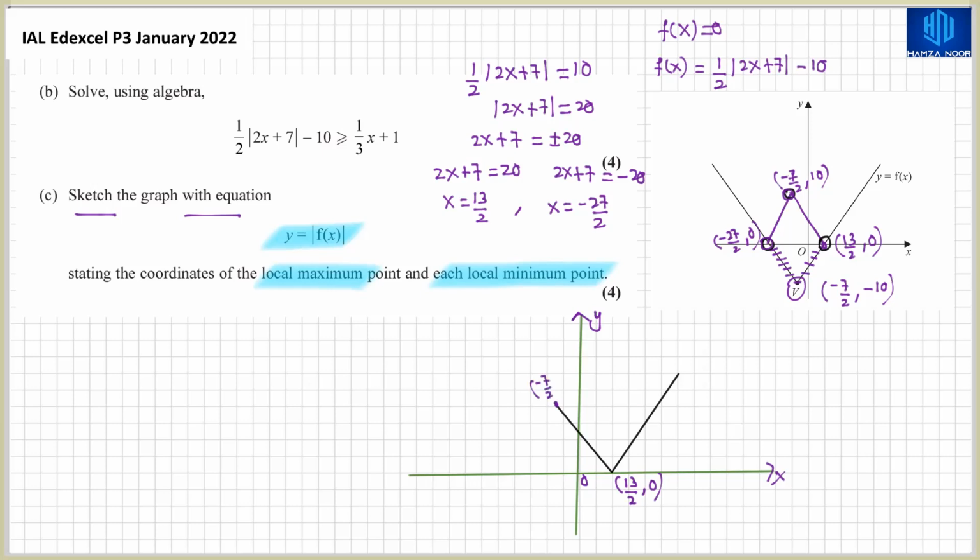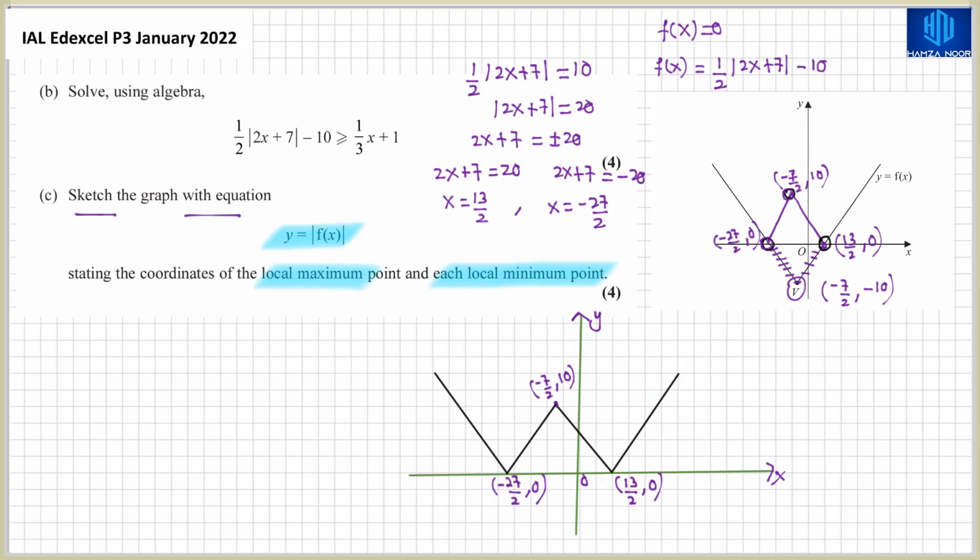Then we will come down to the second local minimum point, which is minus 27 over 2 comma 0. And now we will have the last segment of the line like this.